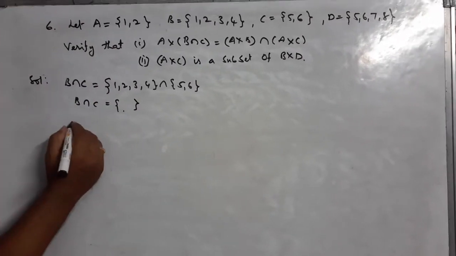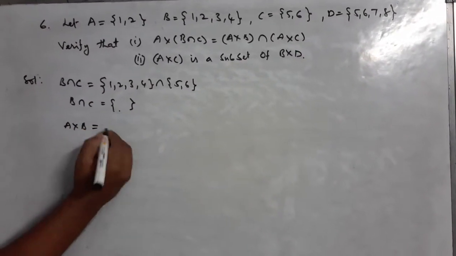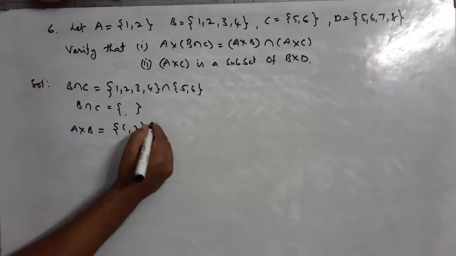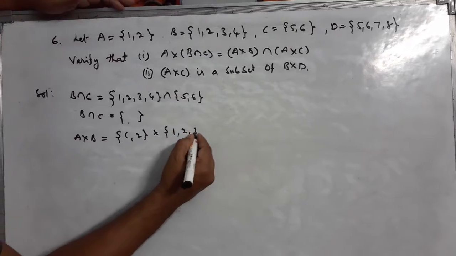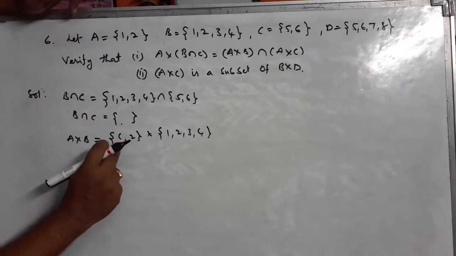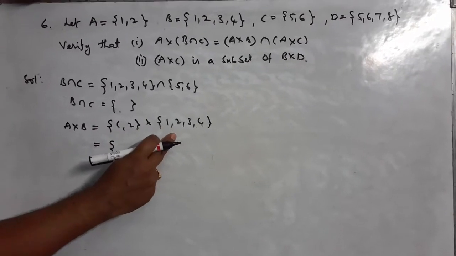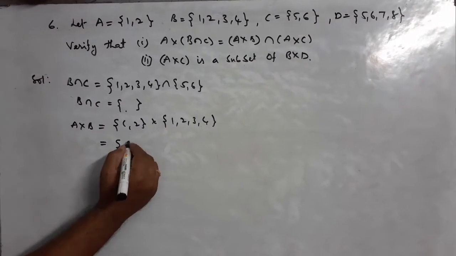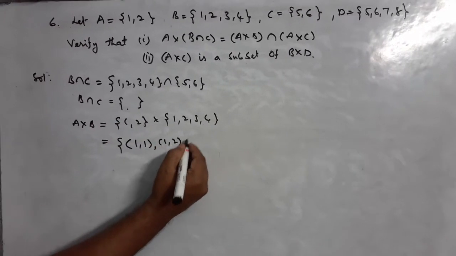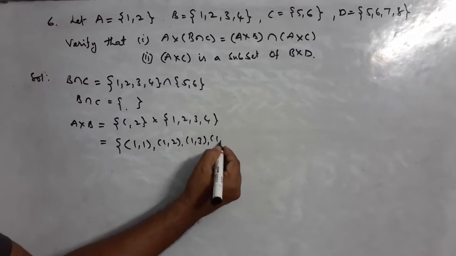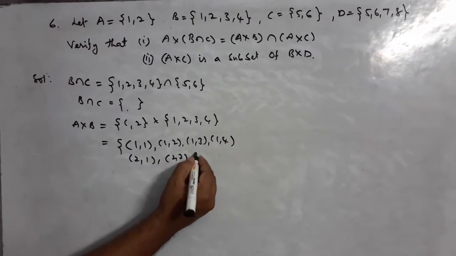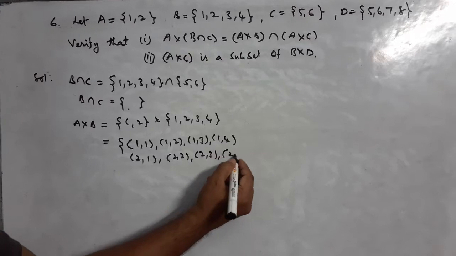Next, A cross B. What is A cross B? A is 1 comma 2 cross 1 comma 2 comma 3 comma 4. So what is the cross? First element from the set A, the second element from the second set. So here 1 comma 1, 1 comma 2, 1 comma 3, 1 comma 4, 2 comma 1, 2 comma 2, 2 comma 3, 2 comma 4.